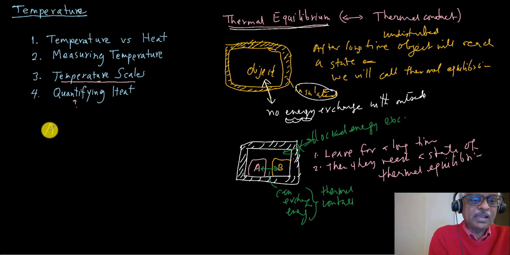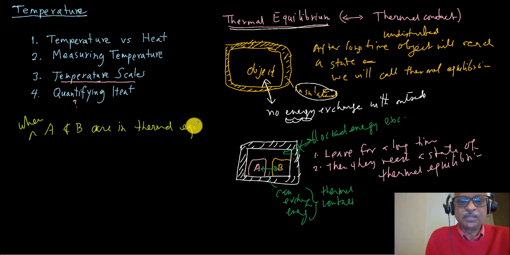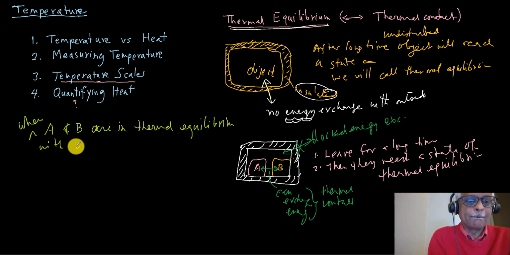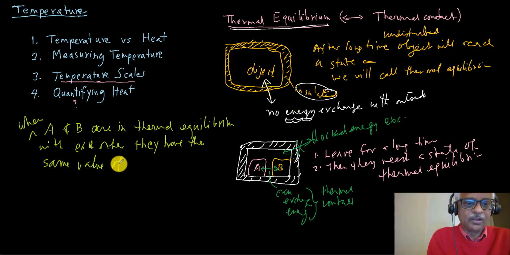So when A and B are in thermal equilibrium with each other, they have the same value of an intrinsic property. We're going to call this property temperature.